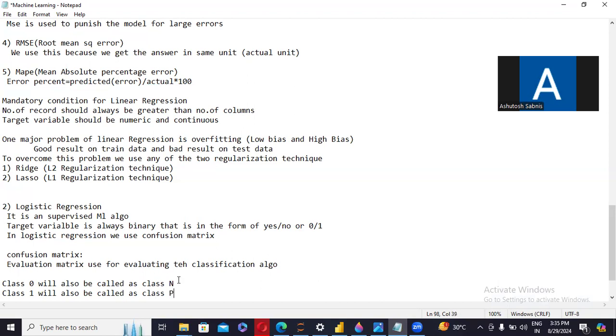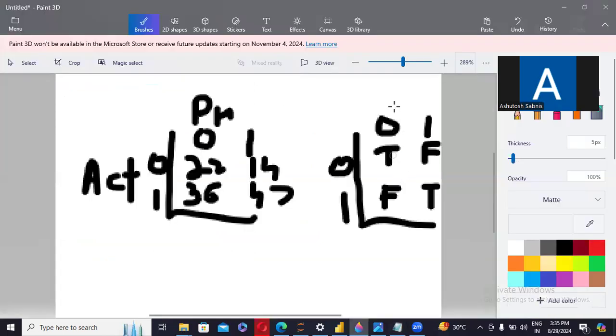This class N is class negative and class P is positive. So class 0 will be called class negative. I will open my paint window once again. For class 0, we have to see the predicted case, so class 0 will be called negative. So I can write here N, right? Here also I can write N.